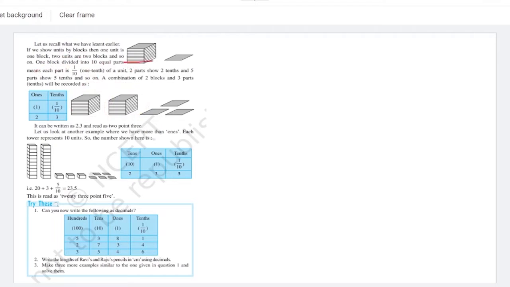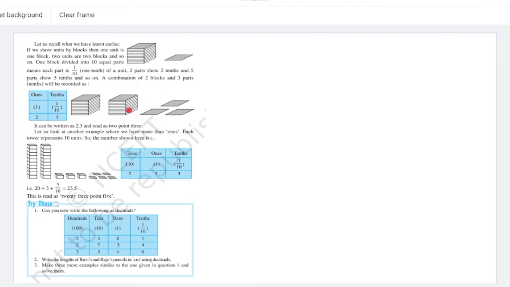One block is divided into 10 equal parts. Means each part is 1/10 of a unit. See, this part they are drawn separately. This will be 1/10 of a unit. 2 parts show 2/10 and 3 parts will show 3/10.